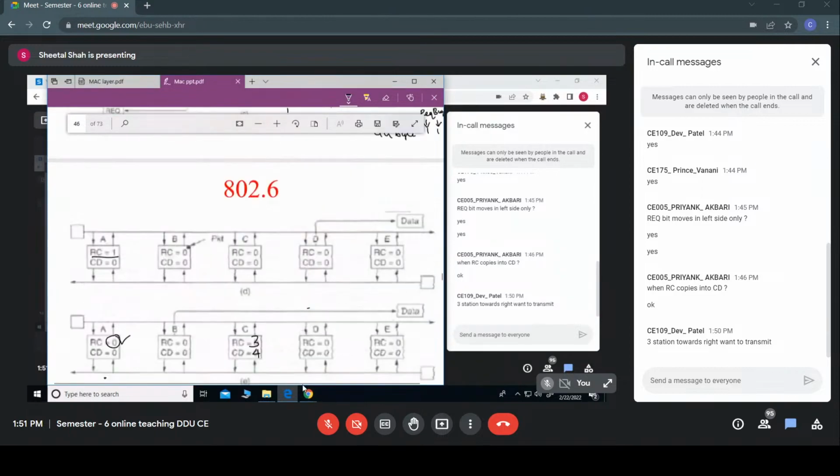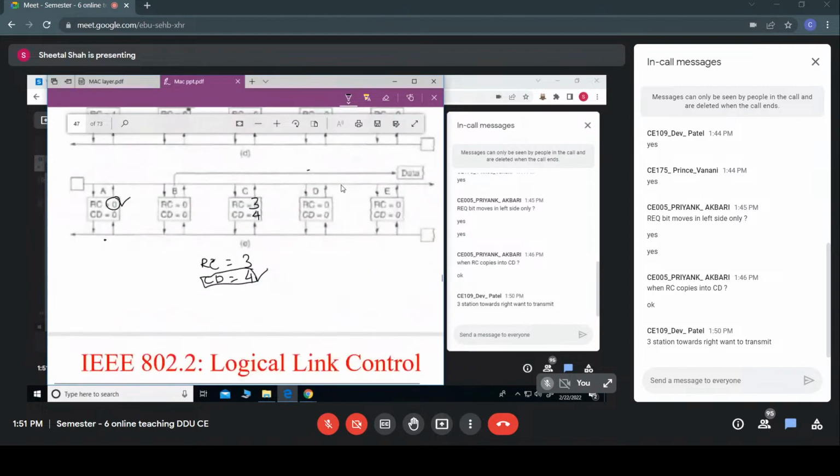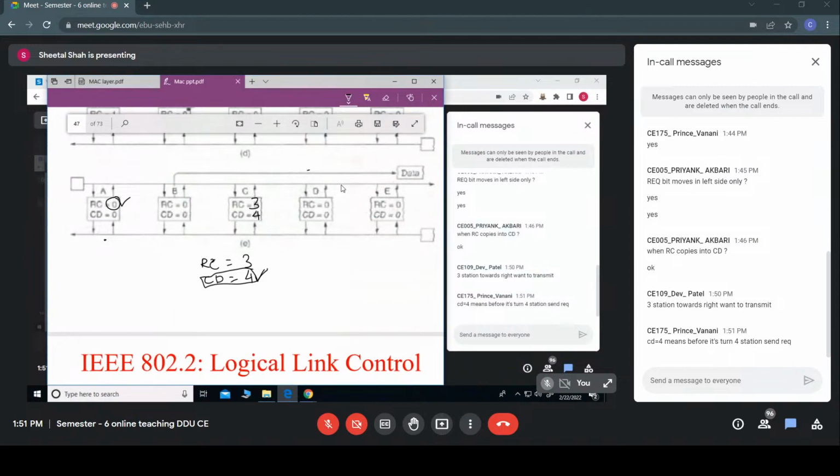You can see here, this is what we have done. Earlier here RC was 1. When station B became ready, RC's value is copied to CD. Isn't it? So if RC is equal to 3 and CD is equal to 4, CD is equal to 4 means what? Before myself, there are 4 stations. Yes, Prince, it's right. Okay, 4 stations have already requested.